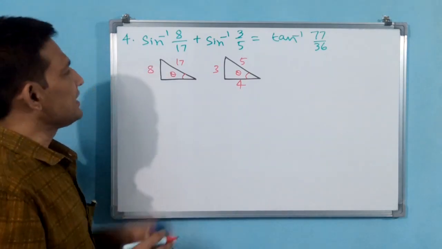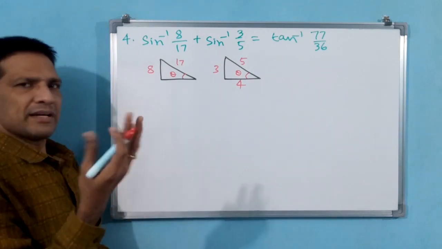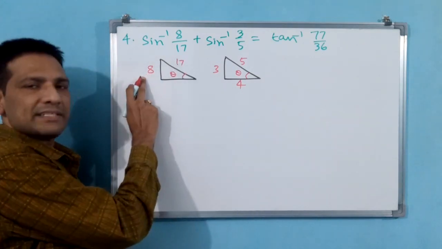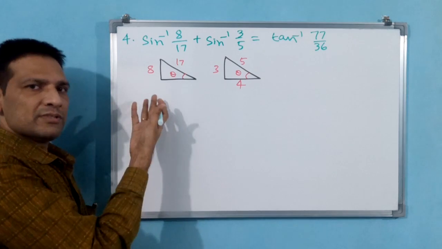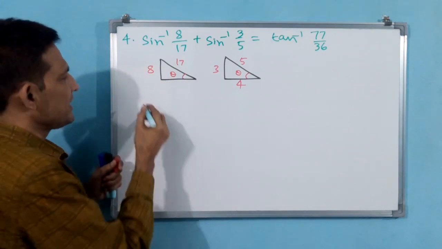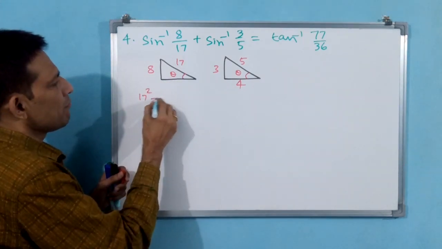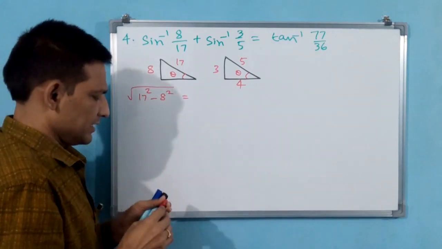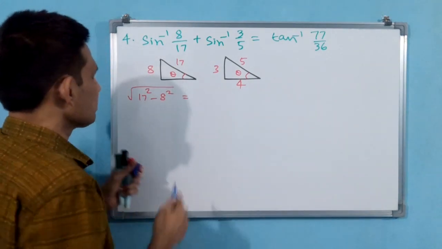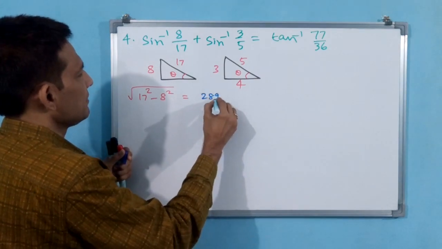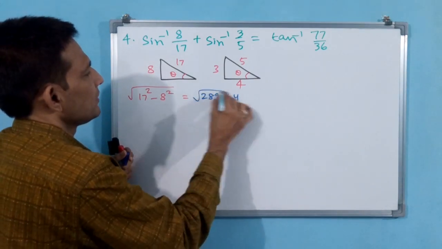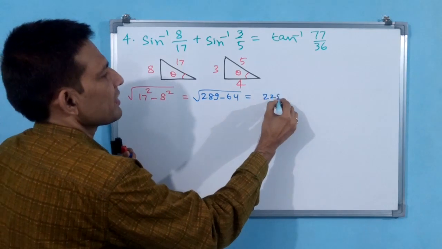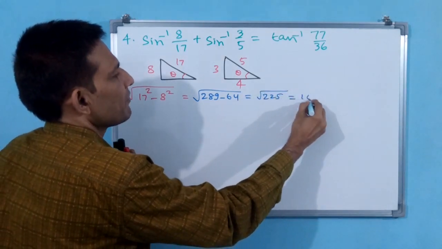Now see how to calculate this. By Pythagoras theorem, under root of 17 square minus 8 square is equal to this one. 289 minus 64 is 225, under root 15.